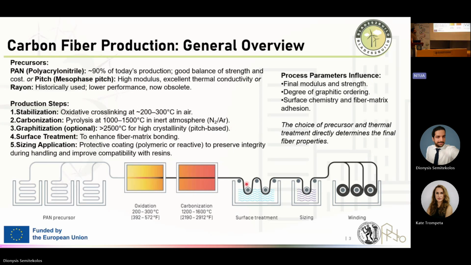Okay, and this is why we need these two extra steps to facilitate the adhesion with the resins that we use. And in the end, of course, we have the winders where the carbon fiber spools are wound. And after that, we can do many things with these fibers. We can use them as they are to produce some composites with some traditional manufacturing techniques like filament winding or pultrusion, or we can make fabrics out of them.